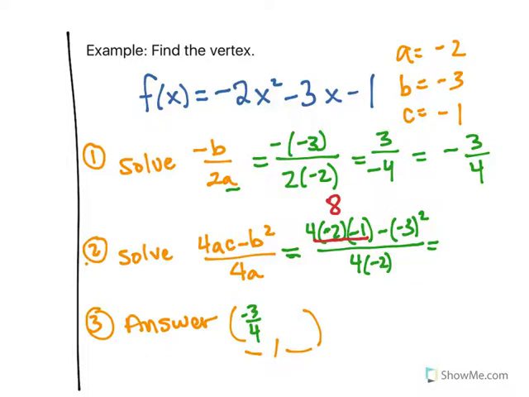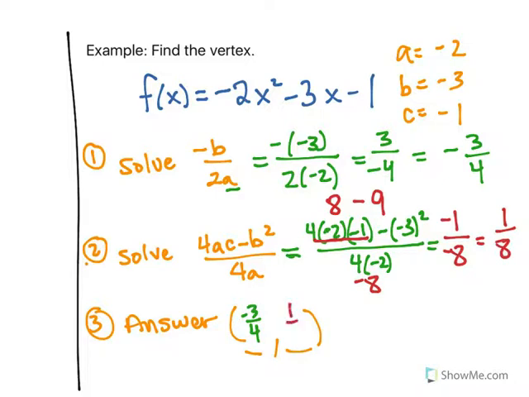Then we've got minus -3 squared. -3 times -3 is 9. And on the bottom here, we've got 4 times -2, which is -8. So we have 8 minus 9, which is -1, divided by -8, which simplifies to 1/8.